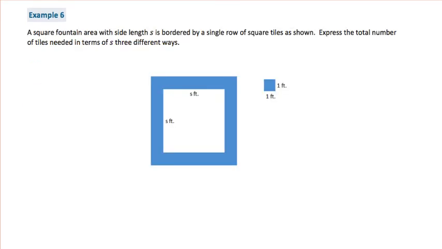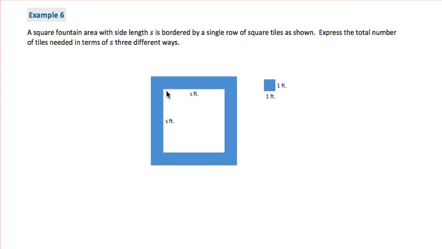Our final example is a real-world problem where we're talking about a square fountain area with a side length, which is s, this is an s, which is bordered by a single row of square tiles that we can see in blue. We need to express the total number of tiles needed in terms of s 3 different ways.